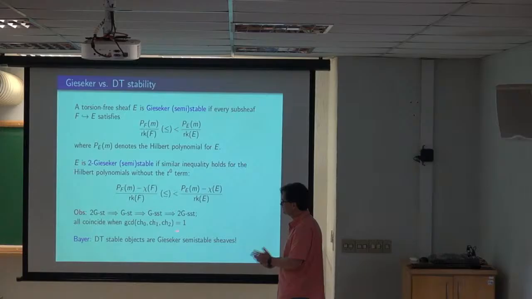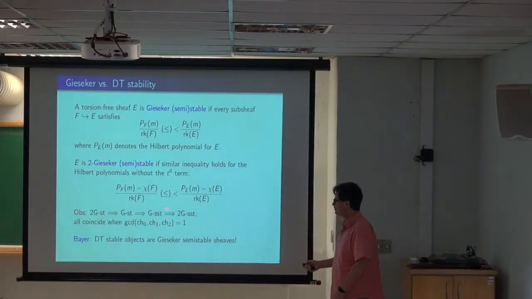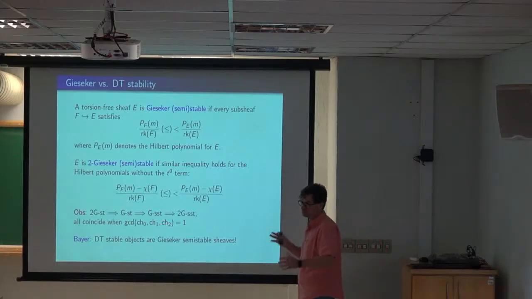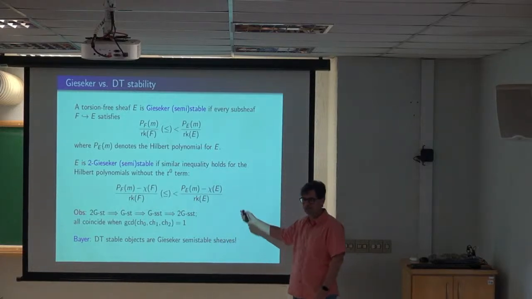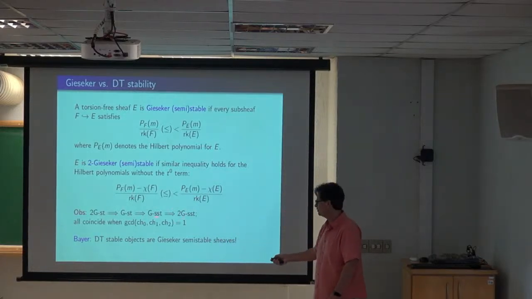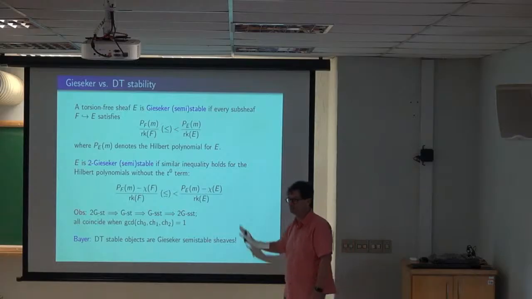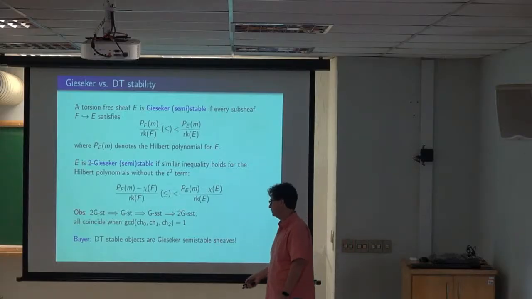And all these four concepts of semi-stability coincide when the Chern characters here are coprime. Again, technical condition. In today's slides, this condition is going to hold, and Gieseker stability and tilde Gieseker stability are the same thing in most of what I'm going to say here.